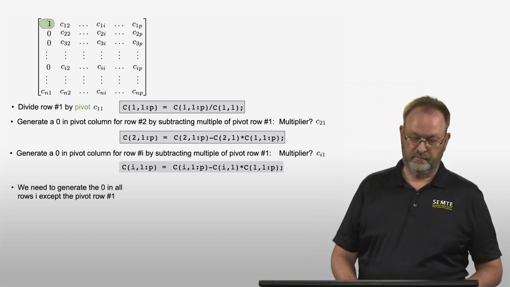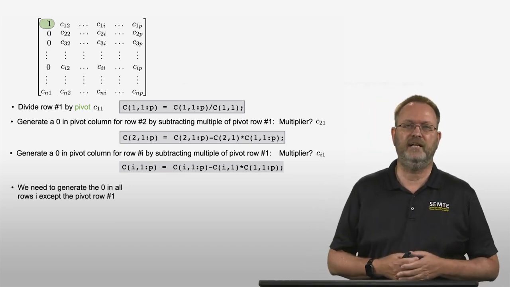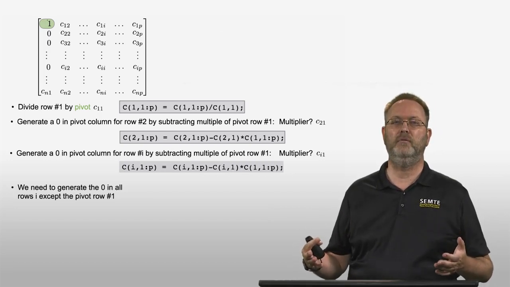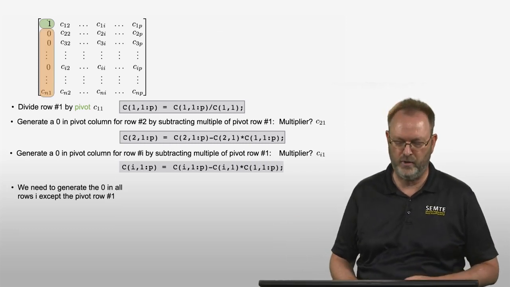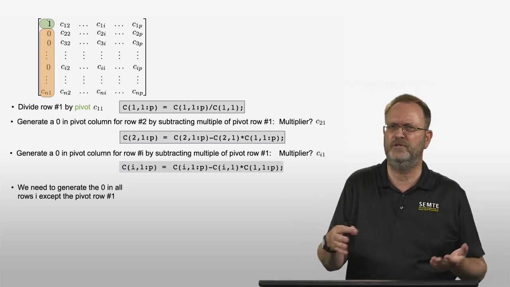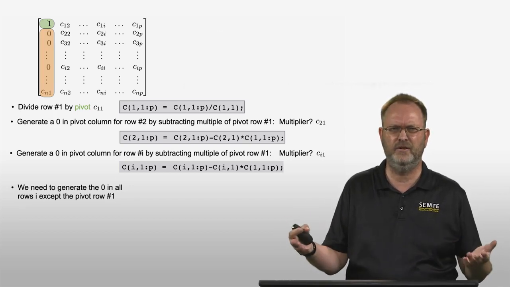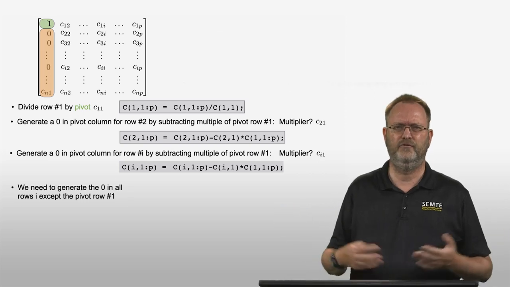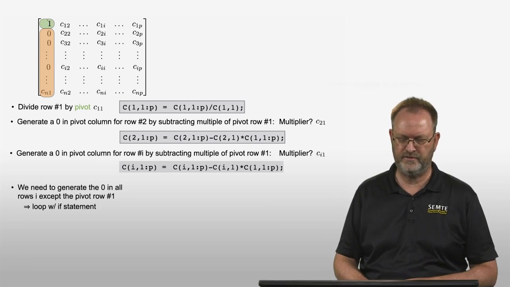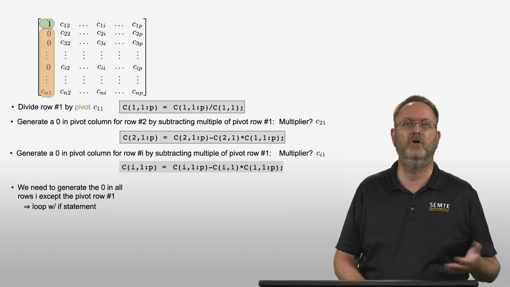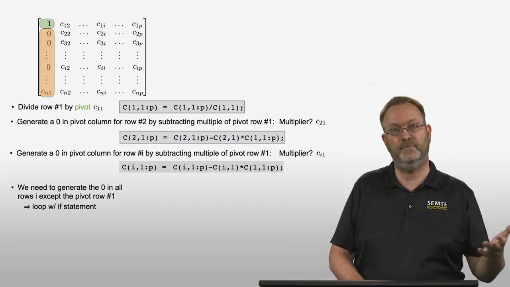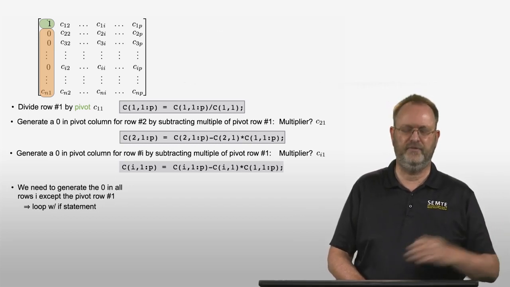Now the algorithm says we need to do this operation for all rows except for my current pivot row, which is row number 1. If I have to do something for all rows, that leads me to a programming structure that's a loop, right? If I want to do something for every row in the augmented matrix. So I'm going to do a loop over every row, and I'm going to skip over my current pivot row with an if statement.